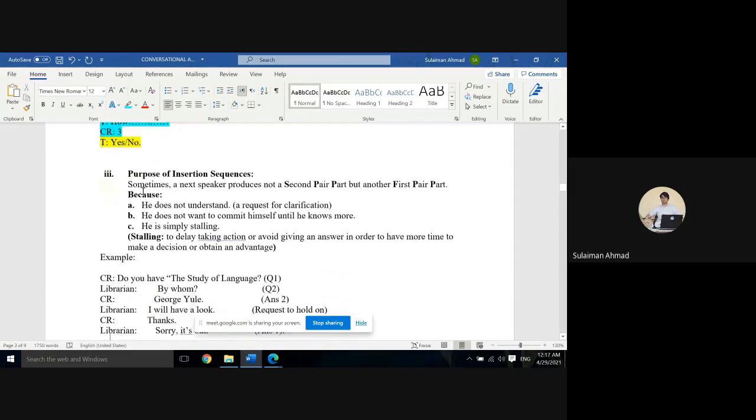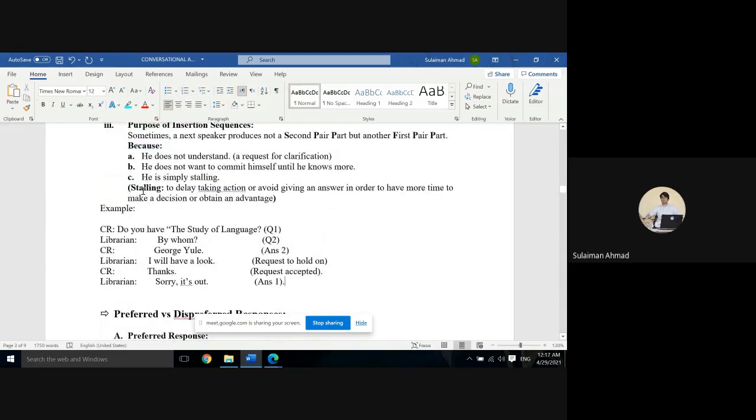Look at the example I have taken from the book The Study of Language written by Brent Poltridge. Sorry, I have changed certain sentences in this example, in order to make it more understandable for you people.